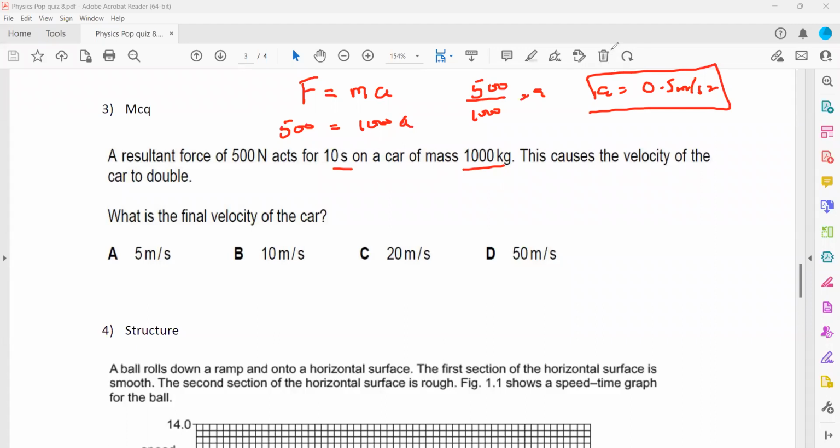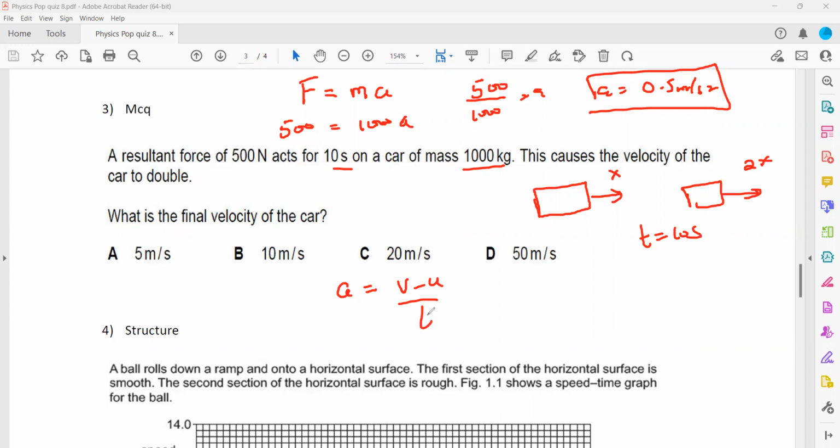But we don't need the acceleration, we need the speed. So for example, when the car was moving, its speed was x initially. They mentioned this caused the velocity to be doubled, so the final speed is 2x. If it was x originally, then it changes to 2x. And how much time did it take? It took 10 seconds. So the formula for acceleration is the change in velocity, final velocity minus initial velocity, divided by time.